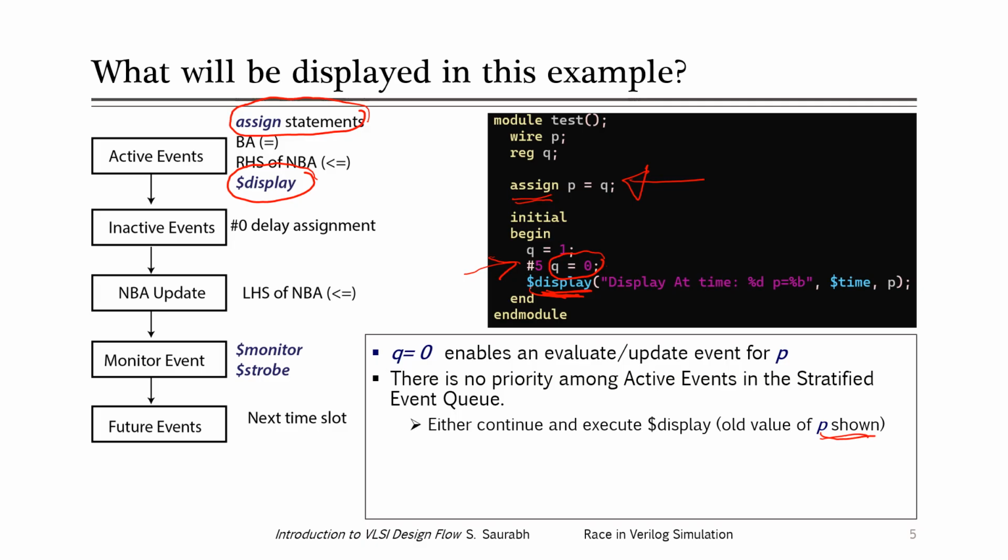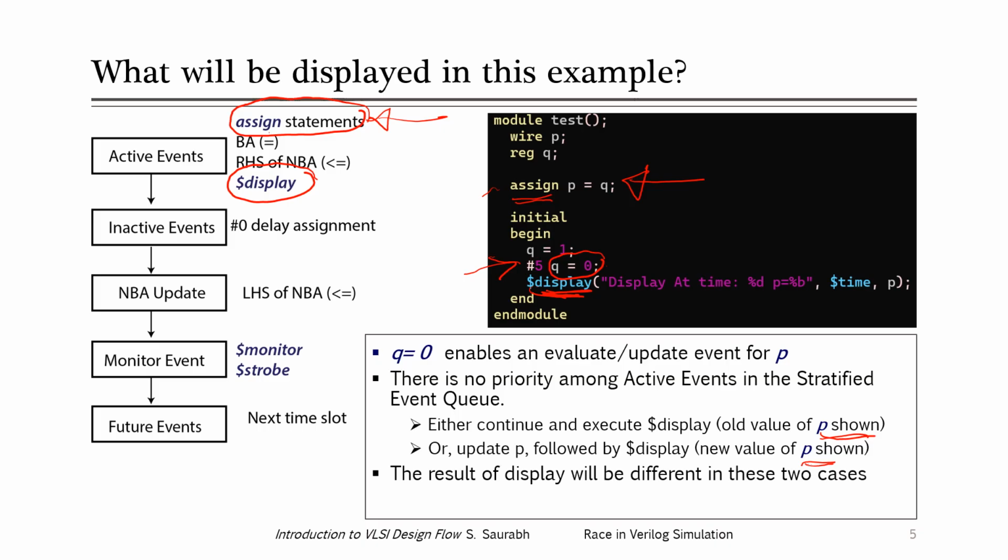And the other tool may decide that it will update p first, because it is in the active event queue, and the tool can choose either the assign statement or display to execute first. Another tool can pick the assign statement first and execute it, and in that case the new value of p will be shown, that is p is equal to 0, and hence the result of the display will be different in these two cases, and therefore there is a simulation race condition.